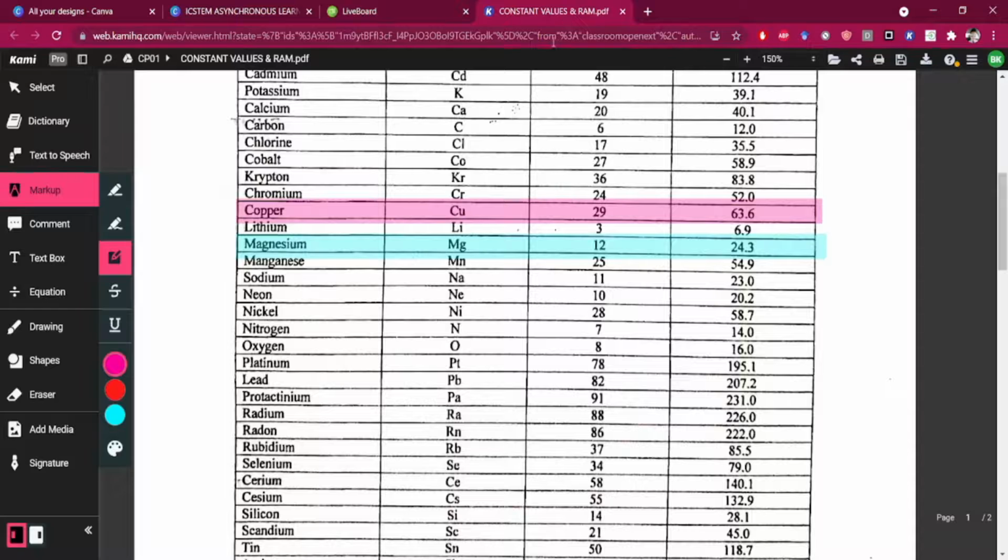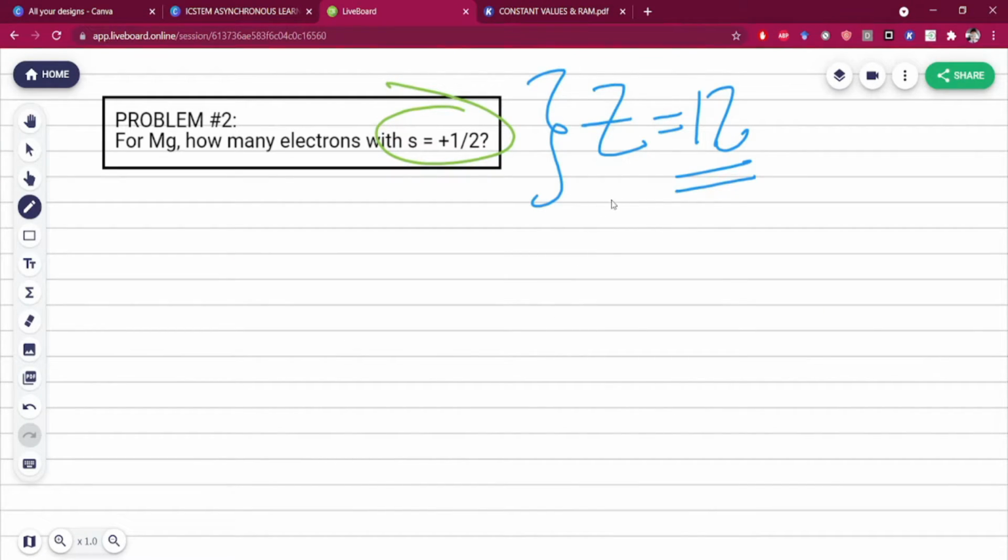If you want to double check that, for magnesium, you have 12 right here. So that is 12. Therefore, the electron number, you have 12 as well.